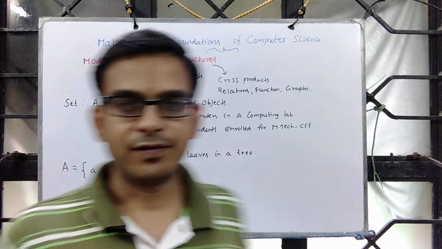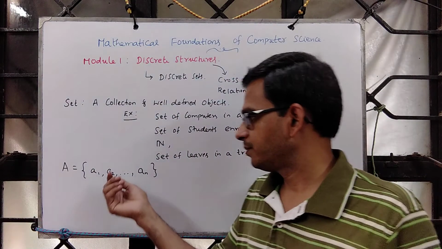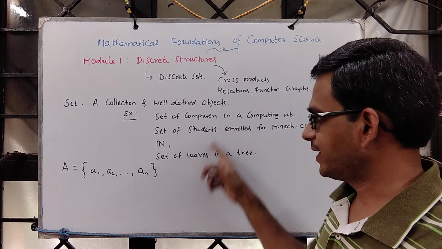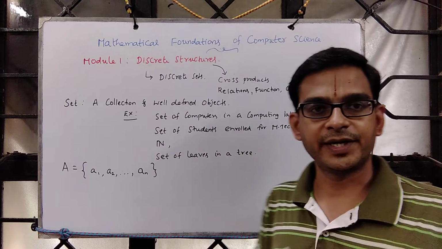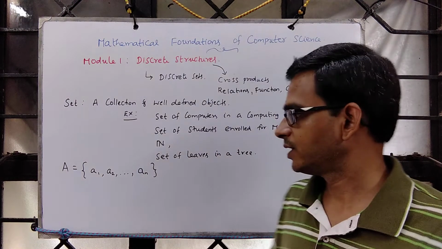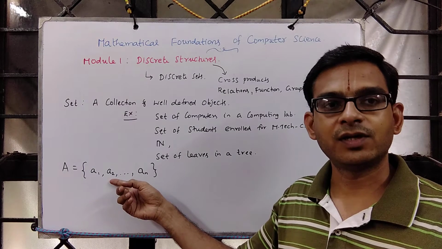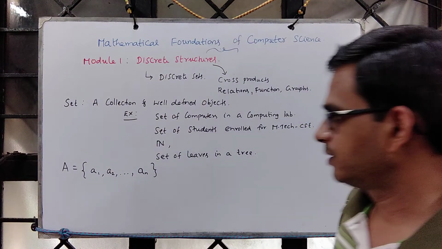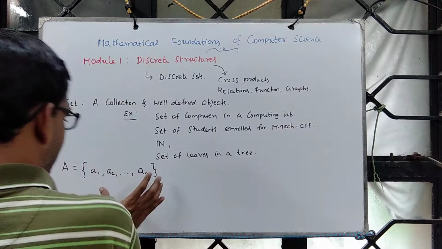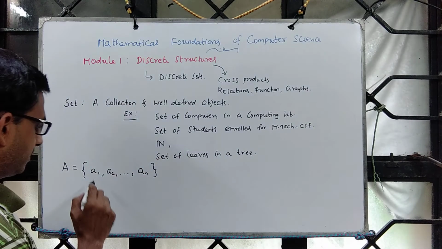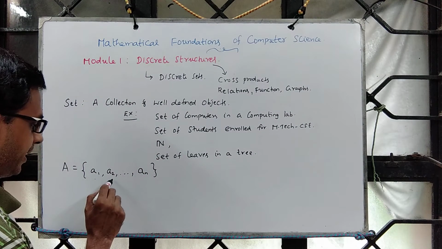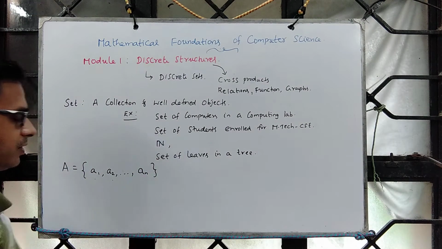So for us, we are not concerned with the underlying set or the application in which it is used when we talk about this formal representation or a formal specification. So this tells you that there are n elements, a1 being the first element, a2 being the second element, and so on.